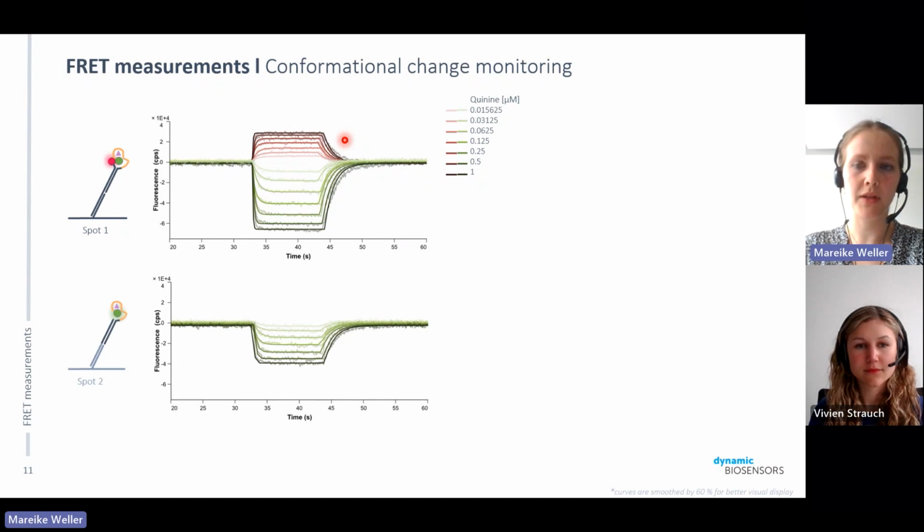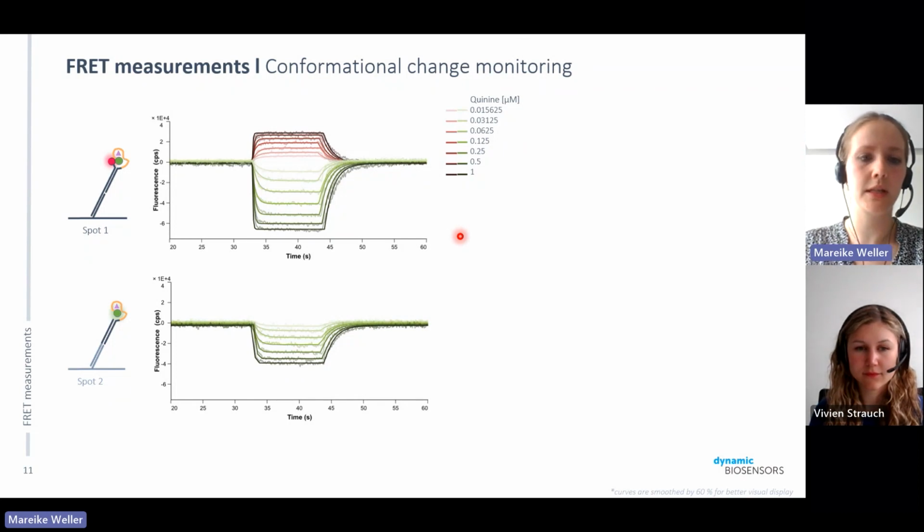On spot 2 that I mentioned to see also some possible interactions of quinine and the aptamer, we see also a decrease of the fluorescence upon association. And also the initial fluorescence is restored upon the dissociation. What we now can do, since both spots are measured in parallel and you see exactly the same analyte concentration, is a real-time referencing.